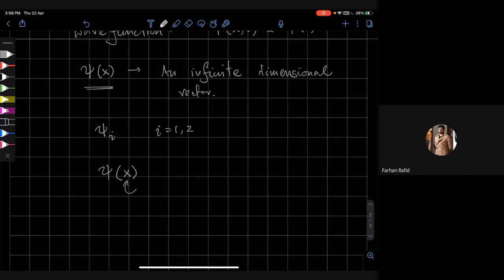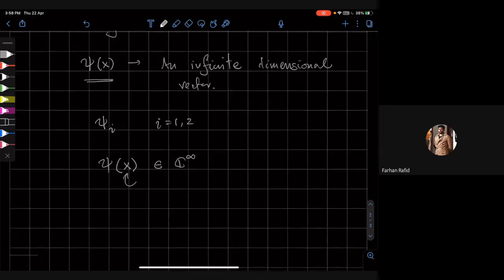We have a continuum of indices, right? So therefore, this is an infinite dimensional vector, right? So it's some kind of element of a C infinity space. Okay. So this is just a different way of looking at what we call a function.